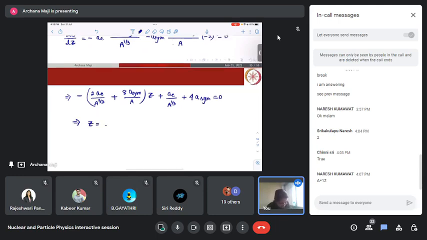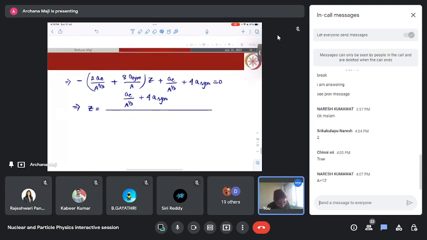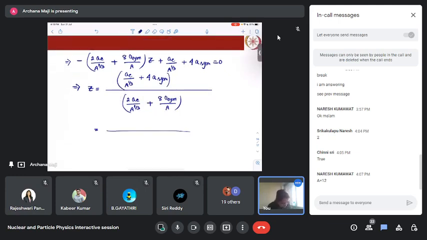Z is equal to that quantity divided by this entire quantity. Fine.